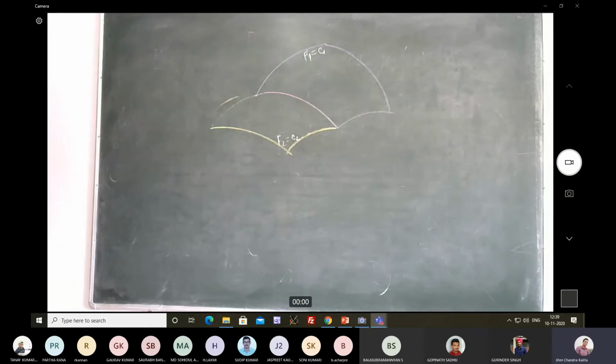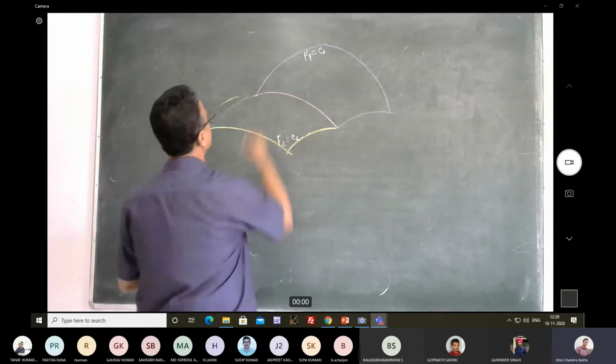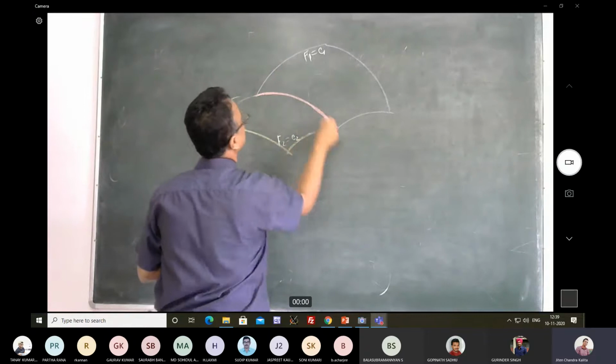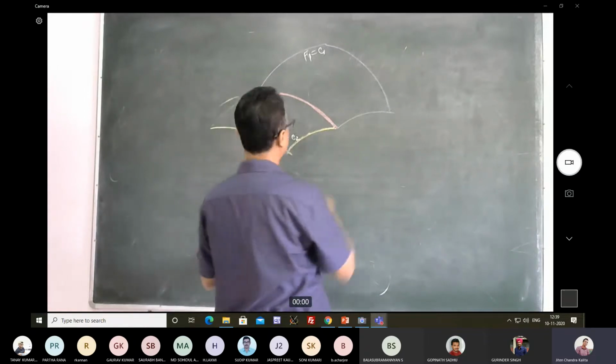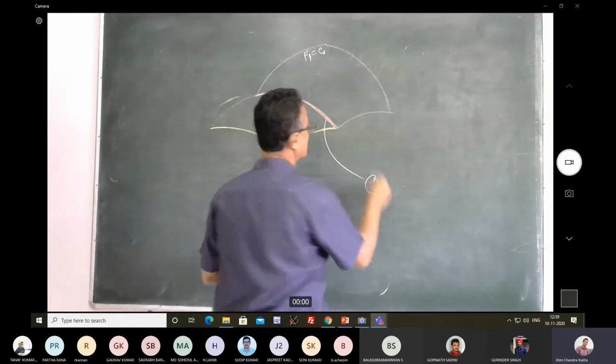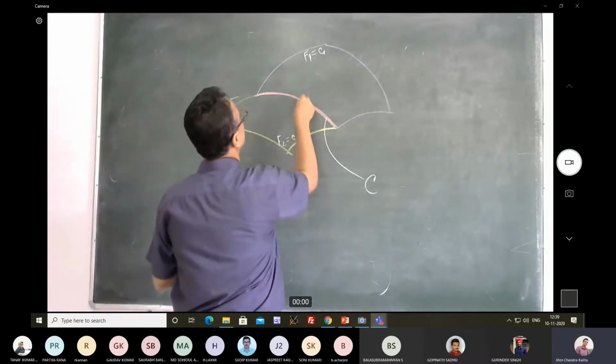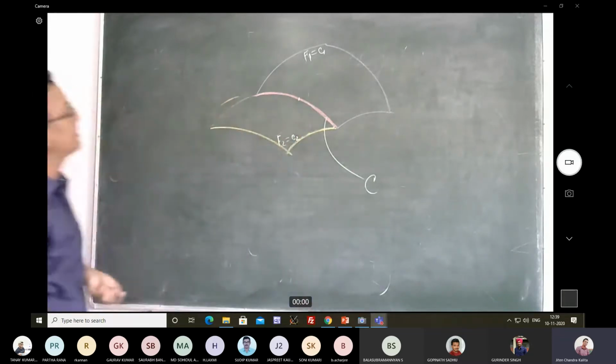So far so good, right? And this is their curve of intersection C. Suppose I am taking this to be the point (x0, y0, z0).